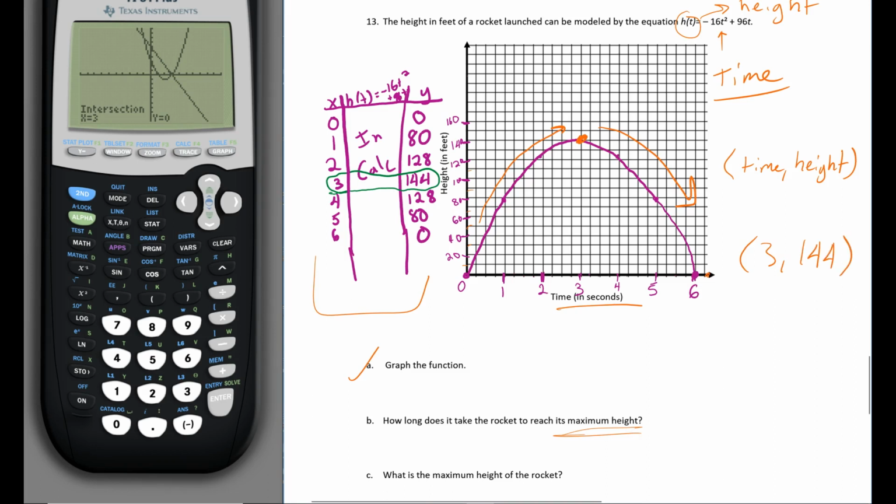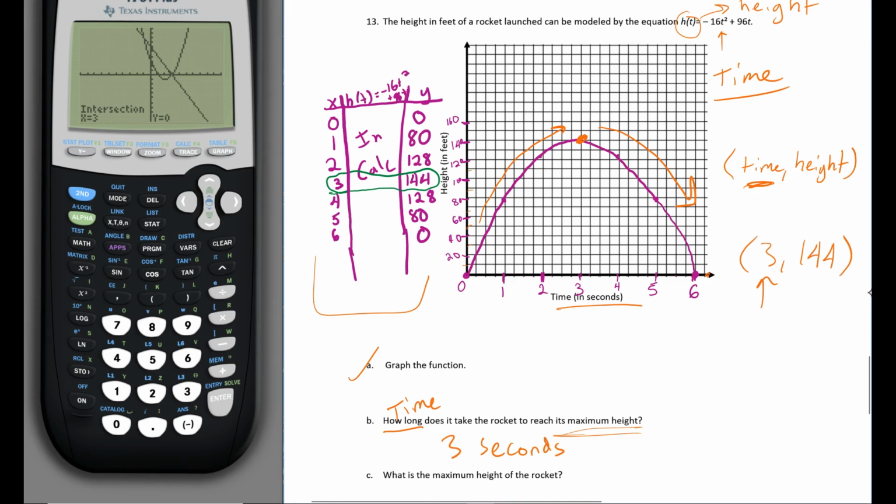If they're asking for how long, I know I'm looking for some sort of time. But if I already know the x values represent the time here, then I know that at 3 seconds, the graph reached its max height. So it takes 3 seconds.